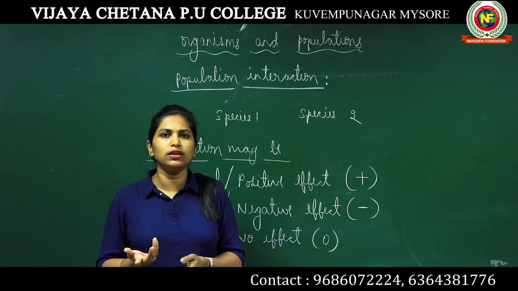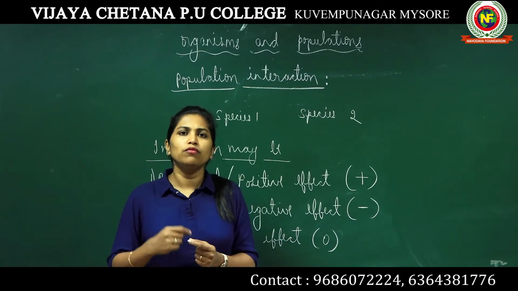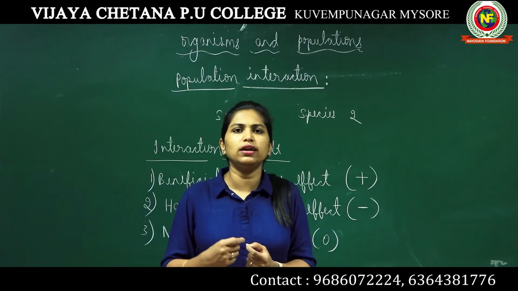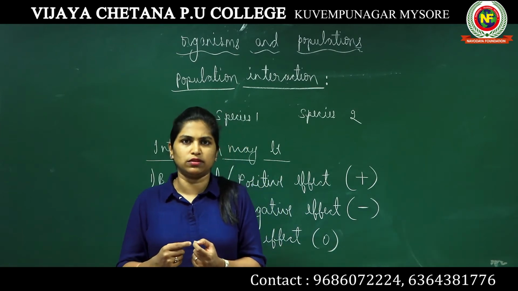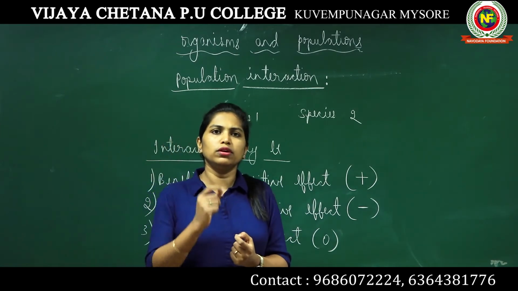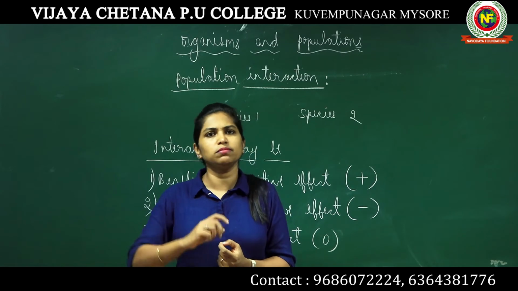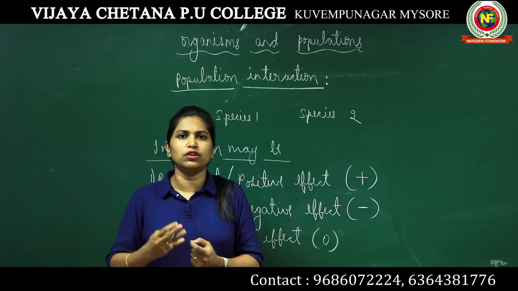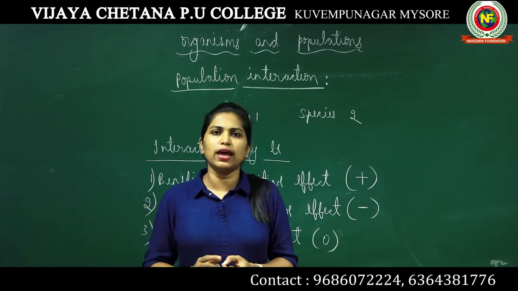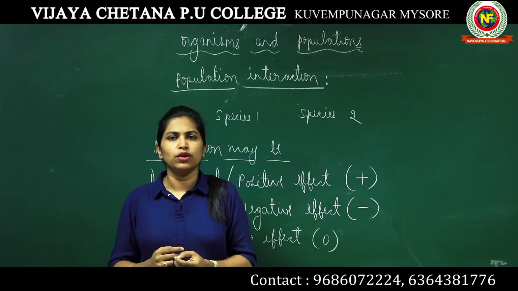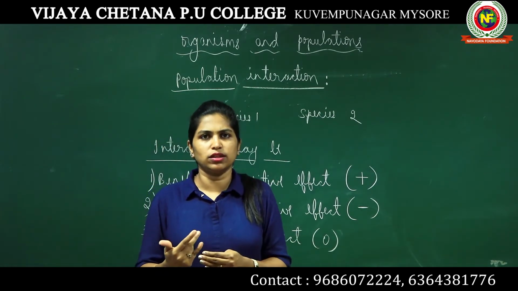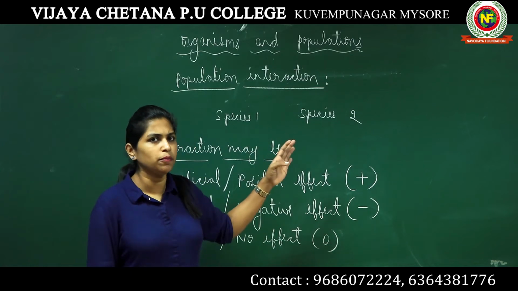We human beings are a part of the ecosystem. In our day-to-day life, we interact with so many other species, starting from small microorganisms to larger animals and larger plants. How we interact with each other becomes population interaction.